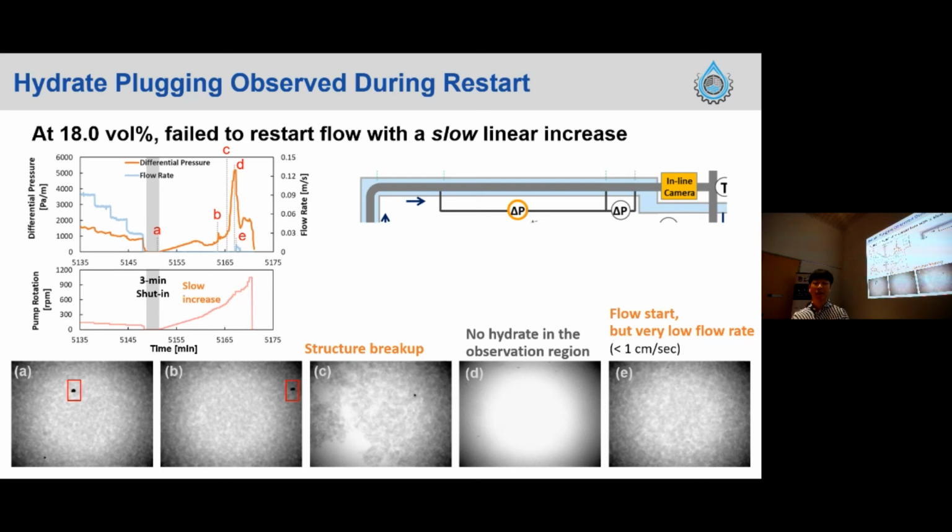Immediately after that, flow was restarted, but the flow rate was quite low, less than 1 centimeter per second. We weren't able to increase the flow rate anymore, even though we set the pump power to the maximum, so we gave up continuing the experiment in this case. The important thing in this experiment is that hydrate plugging happened after yielding, considering these 2 events.